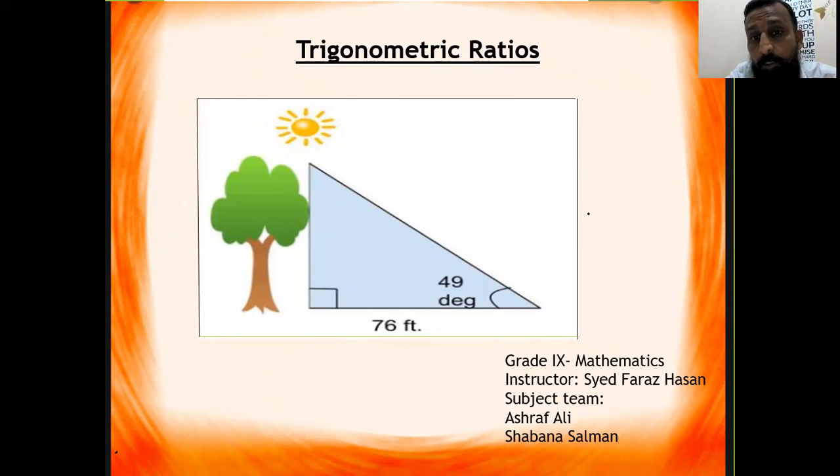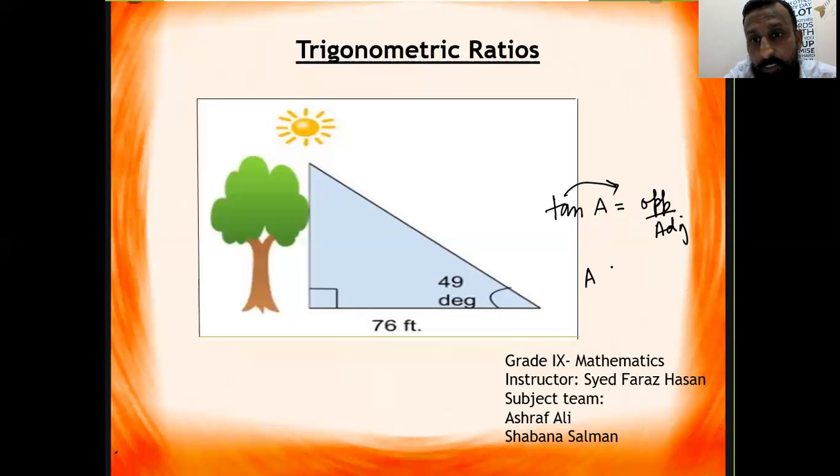So let's suppose if I wanted to calculate an angle A, what I'm going to do, tangent of angle A equals opposite upon adjacent. Now, I wanted to calculate the value of angle A. What I'm going to do, I'm going to move this tangent over there.